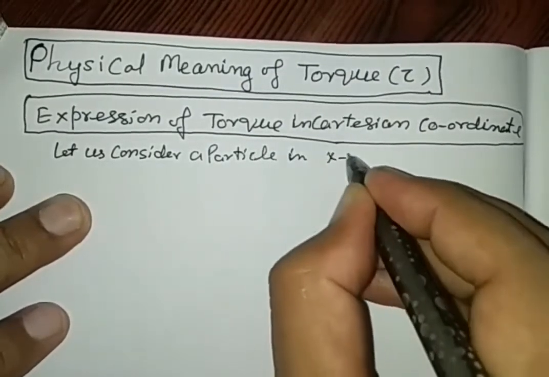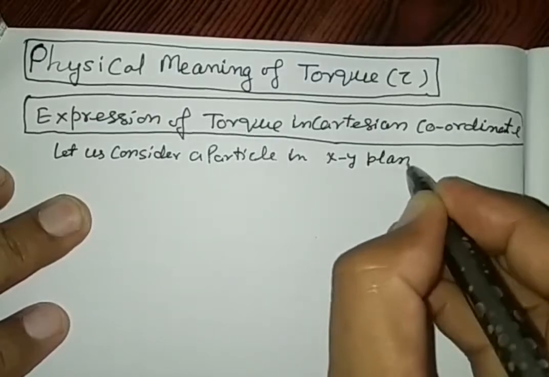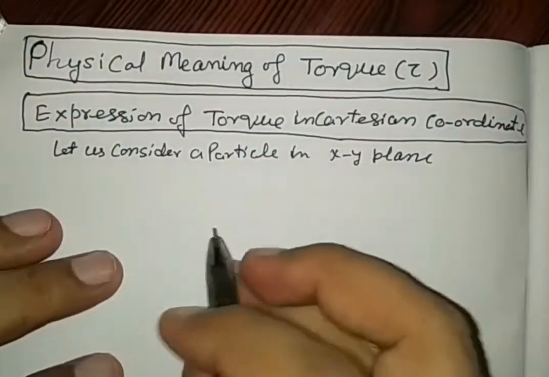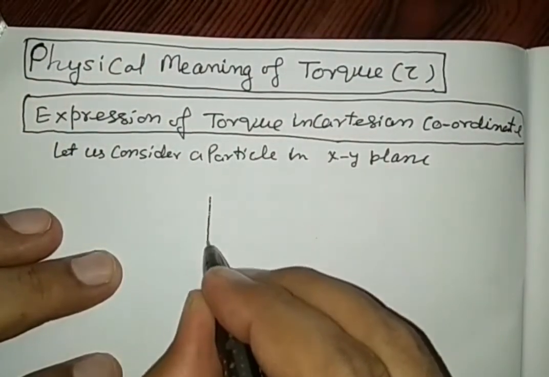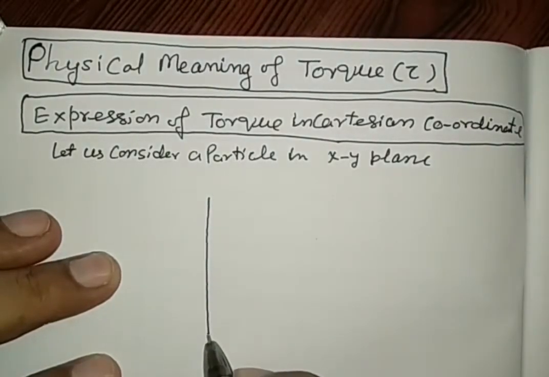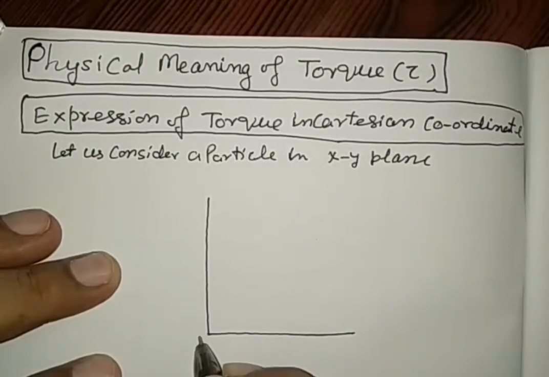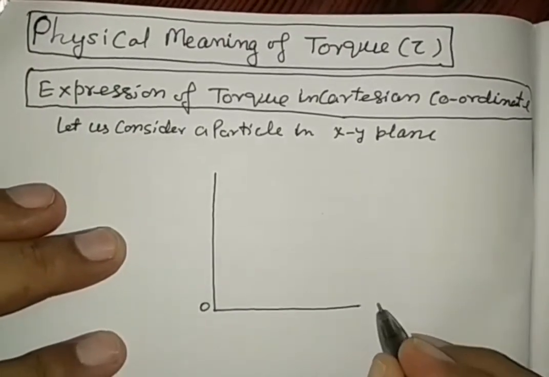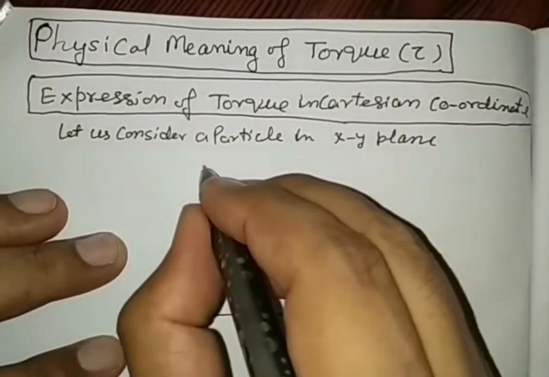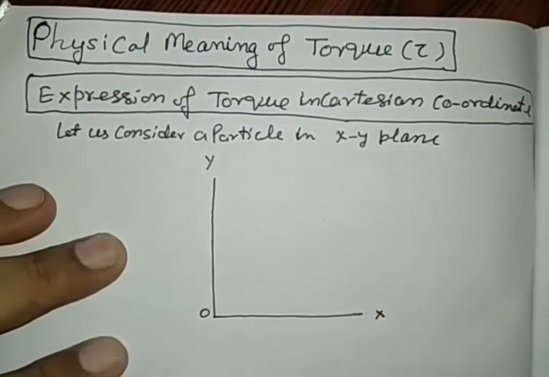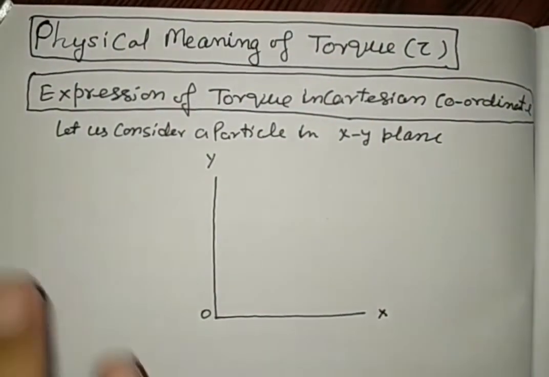in xy plane. See the xy plane here in the diagram. This xy plane will clear a lot. Here let this is origin O, it is x and it is y axis. See very carefully, right?